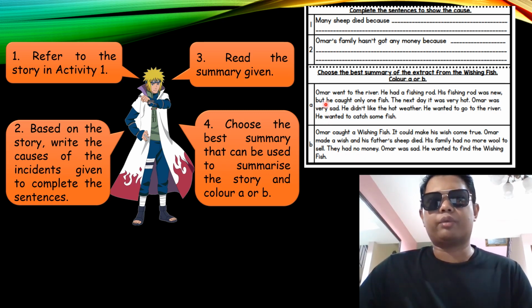If you say A is the summary of the story, then you color A here. If you say B is the summary of the story, then you color B here.